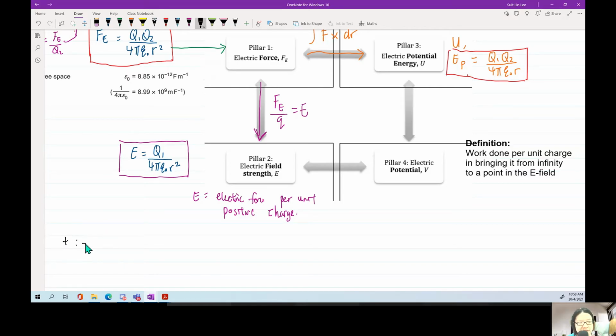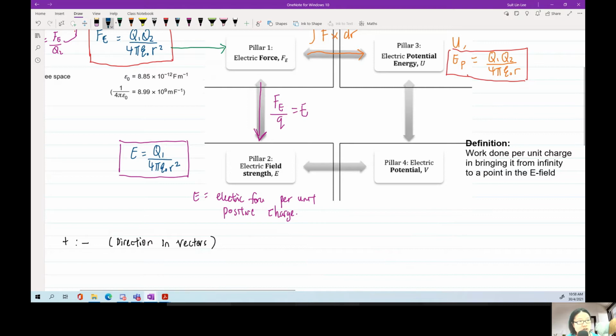Positive and negative signs can be used to represent direction, normally in vectors. So if I say the force is 200 Newton positive and 100 Newton negative, you expect maybe something like this, 200 and 100, or like this, 200 and 100. Basically, they're opposite directions.